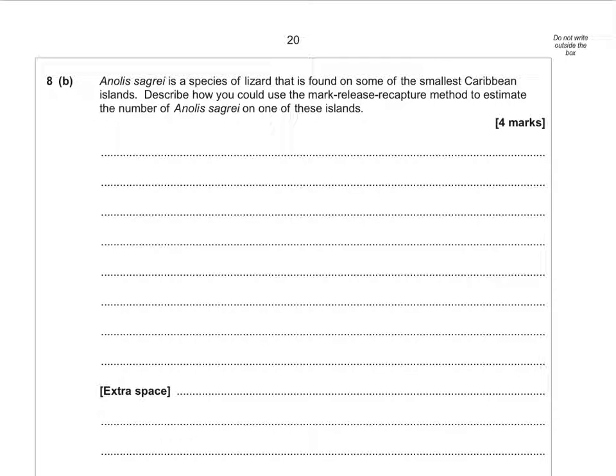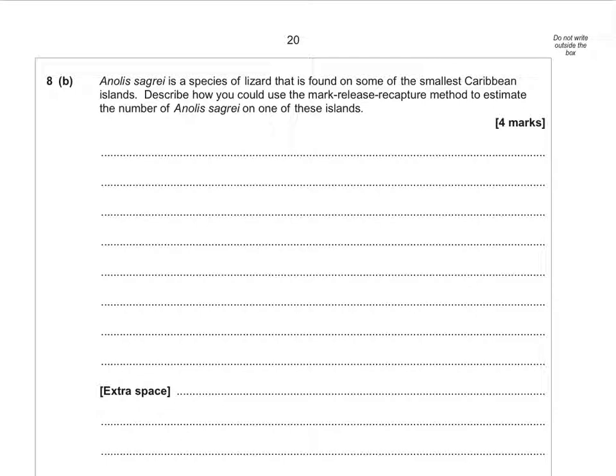Question 8b was basically looking at your knowledge of the mark release recapture method to estimate the numbers of lizards. On the whole, this was very well answered by students. Most of you realised that you have to capture, sample them, mark and release.